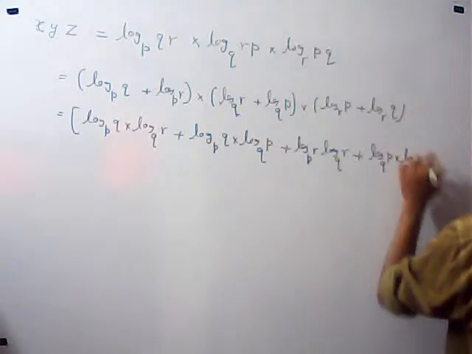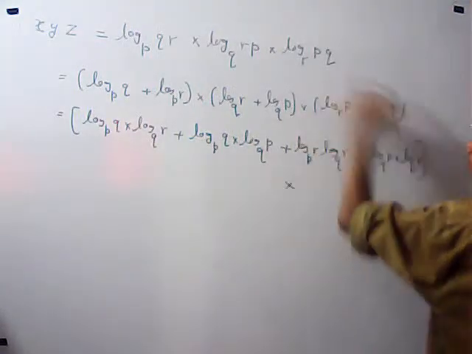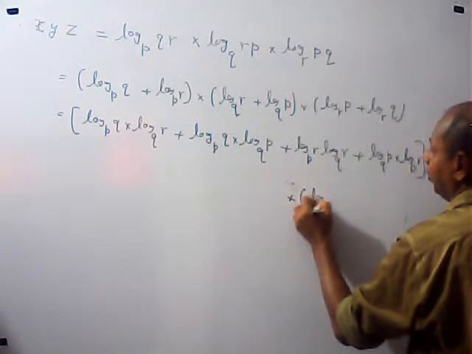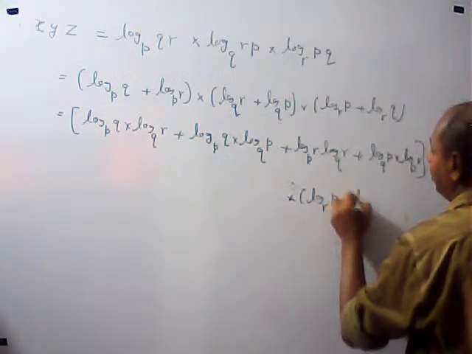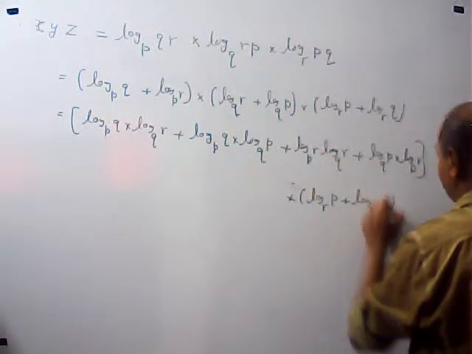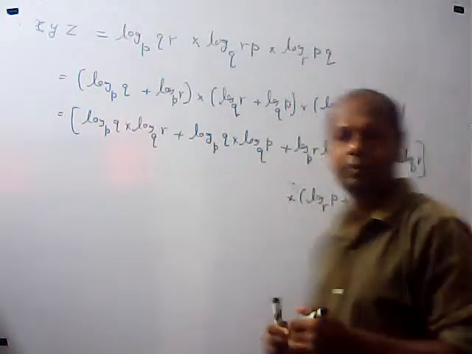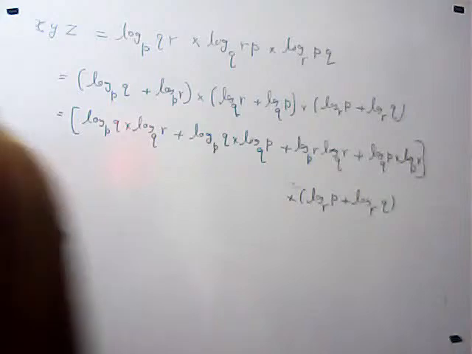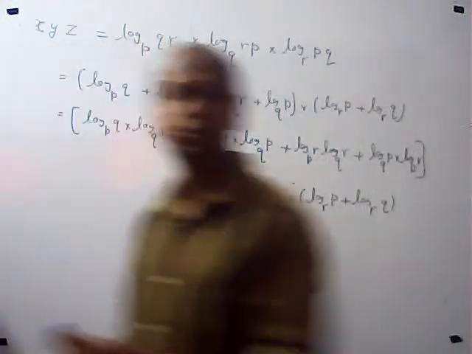The whole thing multiplied by this, log RP plus log RQ. This is a good question. It tests how you remember the rules. We are going to use almost all the rules here.